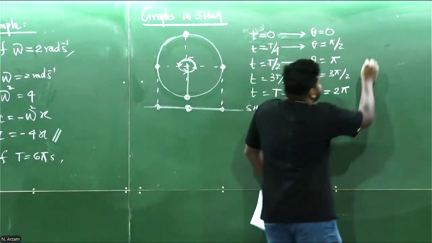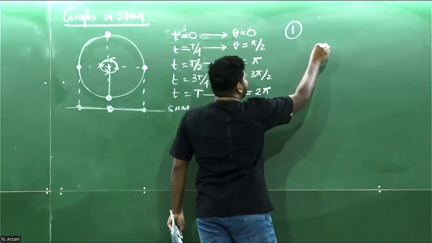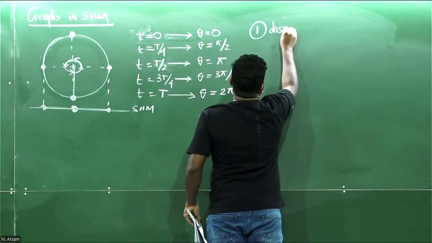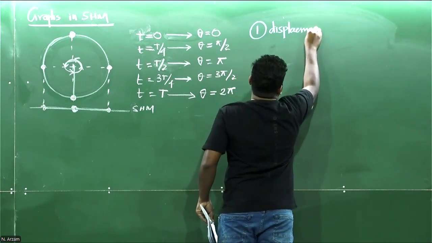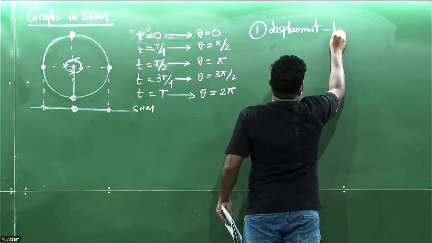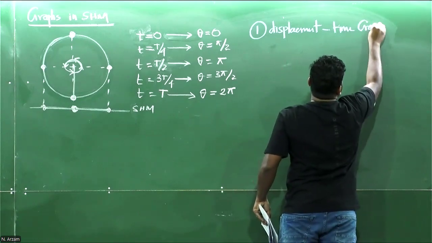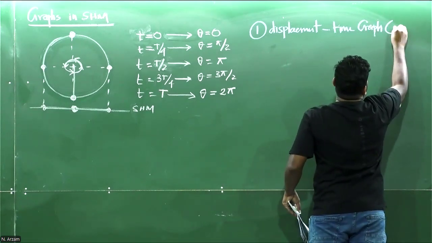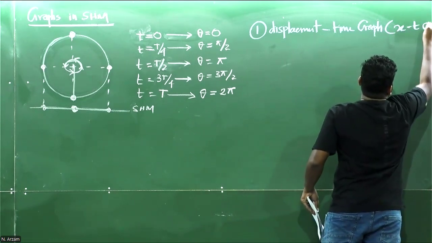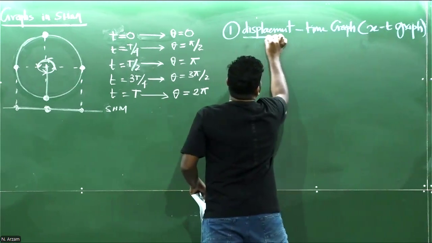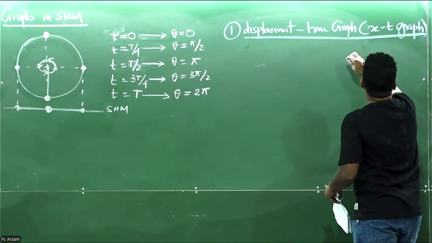Number one, we are going to study the first graph. The first graph is the displacement-time graph. So you can say the x-t graph of a simple harmonic motion. Okay, right.